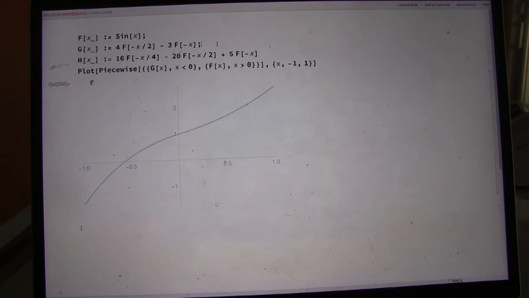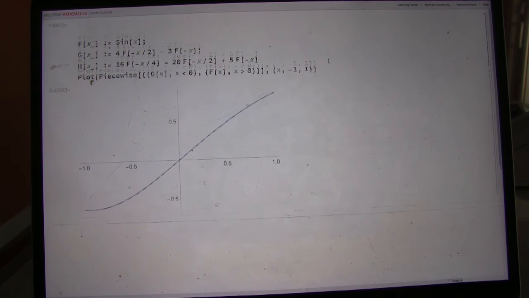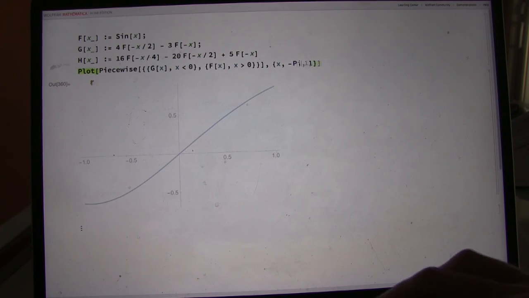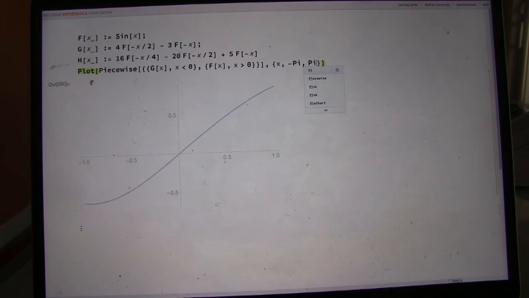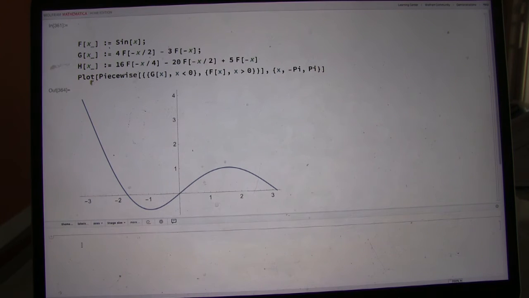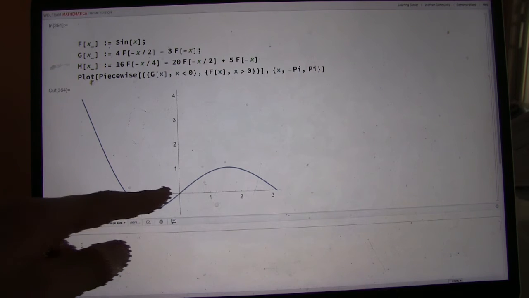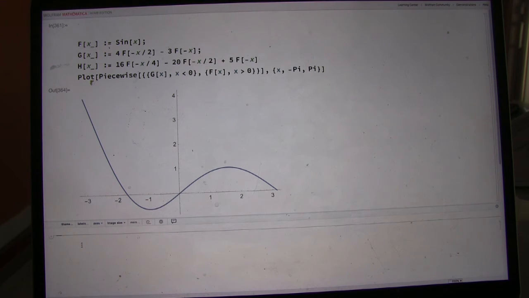Alright, so here we go. We're zoomed in enough that you can't really see the individual waves. What would you like to make the limits go to? Maybe minus pi to pi. So this is our nominal wave, and then this kind of looks like a bit of a parabola here. It's not coming back down.